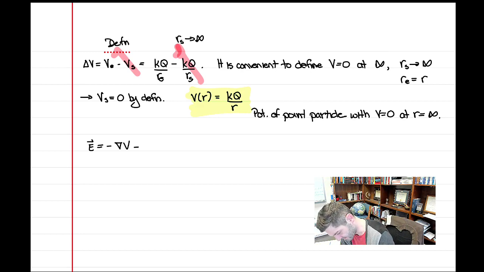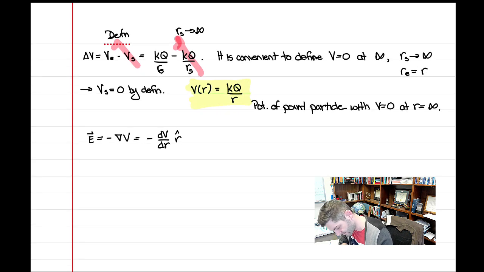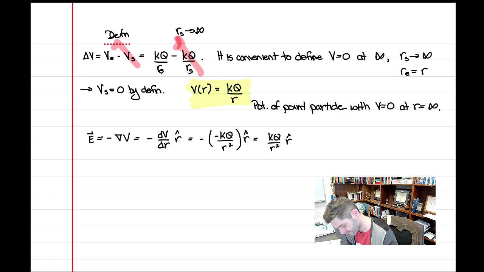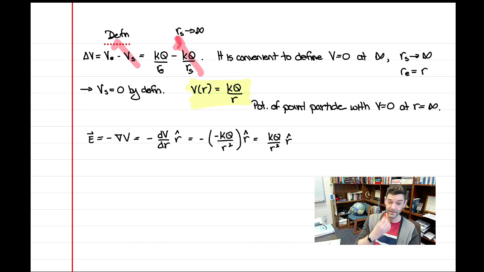It turns out, in this case, and I'll elaborate on this in a second, this ends up just being negative dV by dr, and then it points in the r hat direction. Notice when I actually do that derivative, the derivative of kq over r, a negative drops down, the r becomes an r squared, and then it's in the r hat direction. Notice then that indeed we get kq over r squared r hat, which is exactly what we had started with for E.